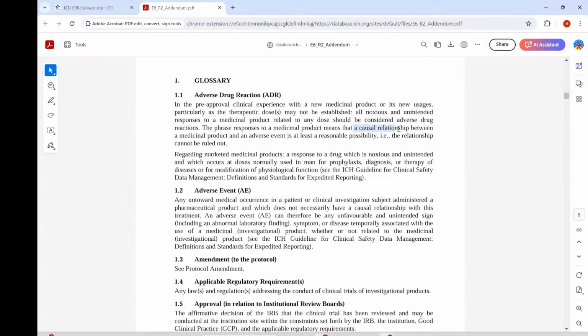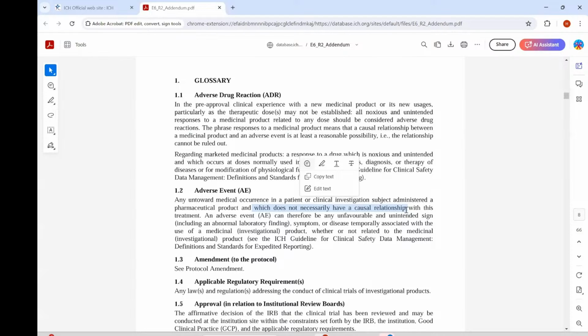The main thing you need to keep in mind: an adverse drug reaction will have a causal relationship between a medicinal product and an event, whereas an adverse event does not necessarily have a causal relationship with the treatment.